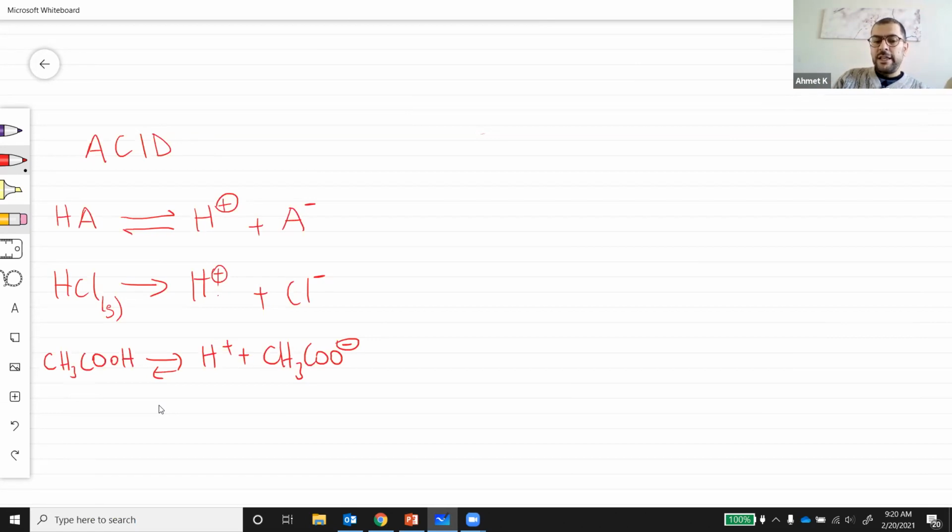Acetic acid is not as strong as hydrogen chloride, because you cannot really touch hydrogen chloride. If it's very concentrated, it will burn your skin, and if you stay longer, it will start eating up your skin, believe it or not. Acetic acid is not that strong because the reaction is not only going forward, it's actually going backward as well. We're going to come back to that later.